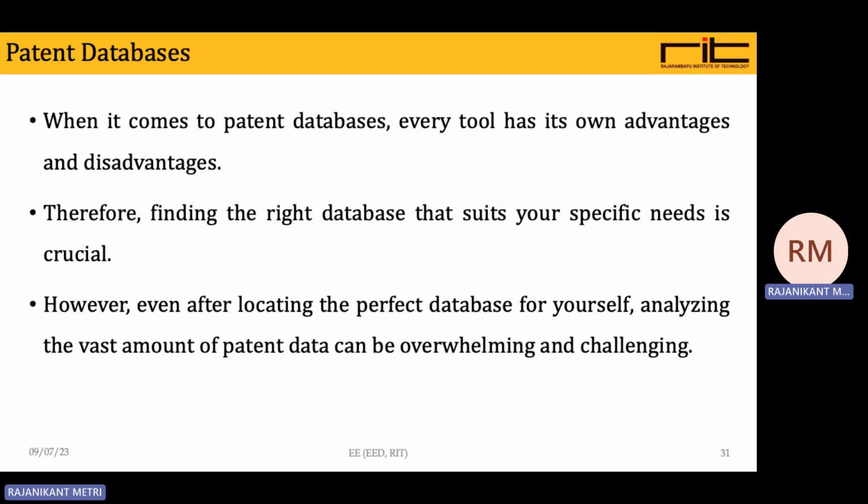However, even after locating the perfect database, analyzing the vast amount of patent data can be overwhelming and challenging, because one needs to ensure that the invention we are going to file has never been publicly put out in the form of articles or products.